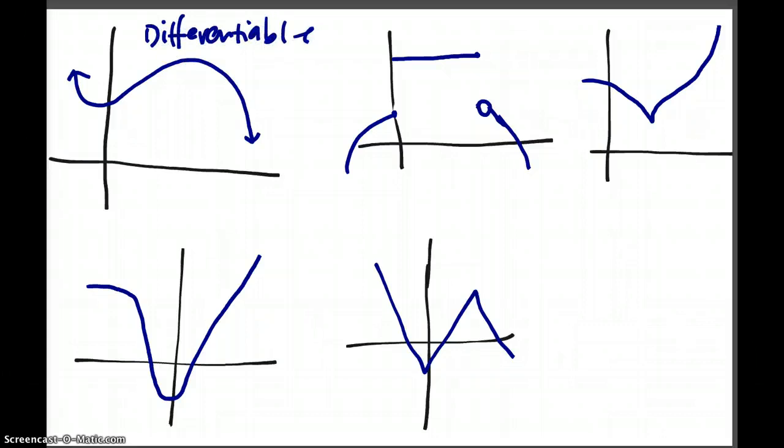Not only is it differentiable, there's no breaks in it, so it's also continuous. This function right here, whatever it is, is obviously discontinuous. If it's discontinuous at a point, it is automatically not differentiable. The slope from the left and the slope from the right are not the same. So this is not continuous, not differentiable.